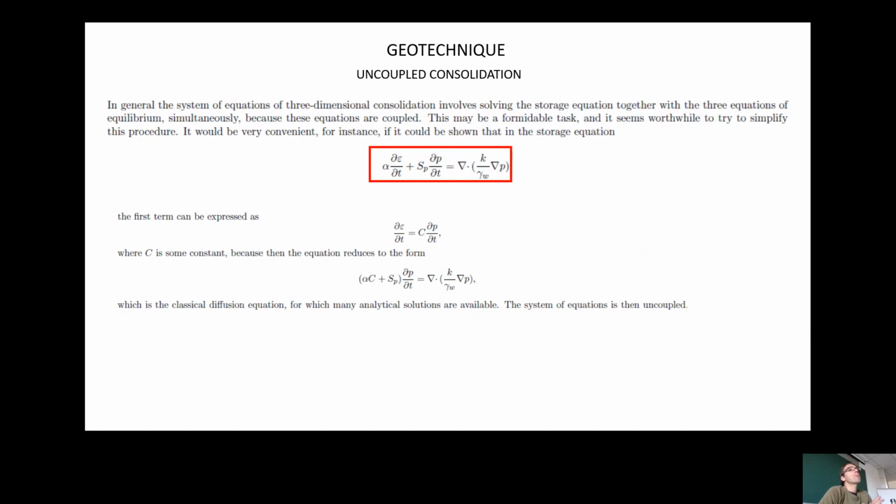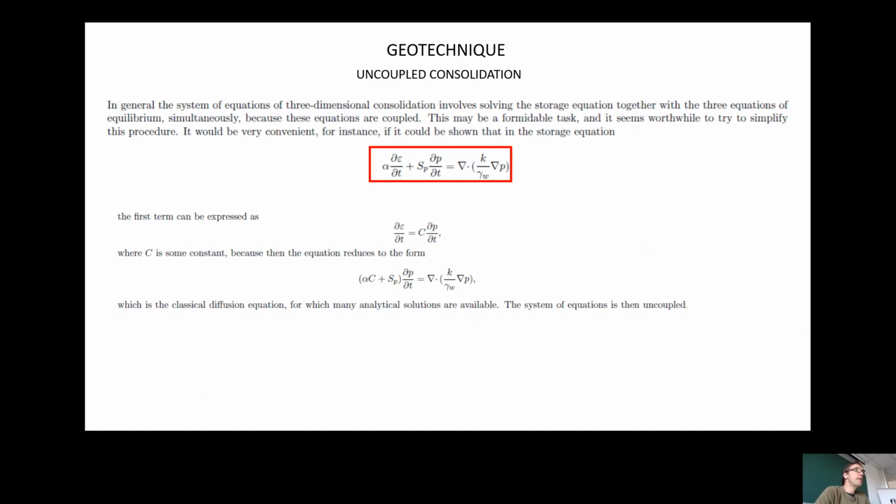So if we are in linear conditions, it is even simple, but if not, we are facing a very formidable, very difficult, challenging task. So it seems worthwhile to try to simplify this procedure.